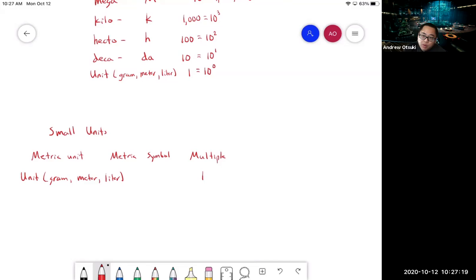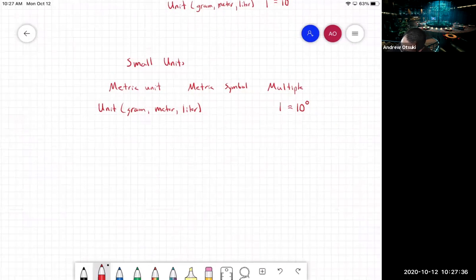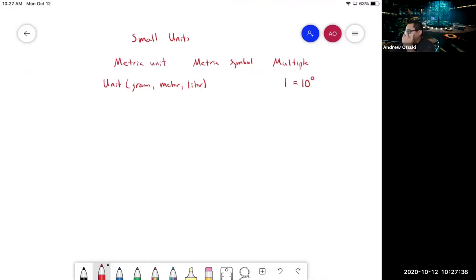I actually don't remember why that is, but this isn't math, so we don't need to worry about that. But remember, anything to the 0 power is 1. All right, so let's go back to our multiple here. Again, it's 10 to the 0. That's 1. Deci.